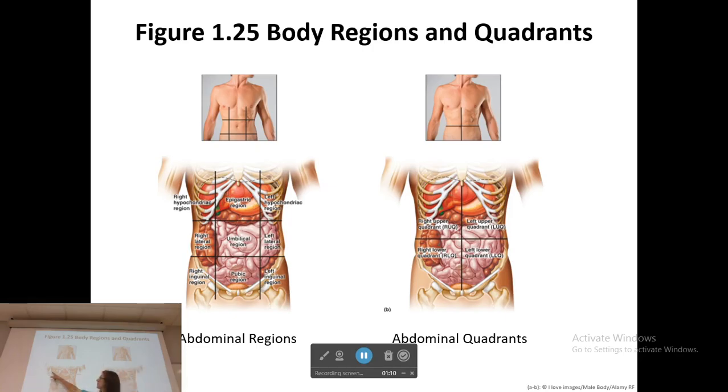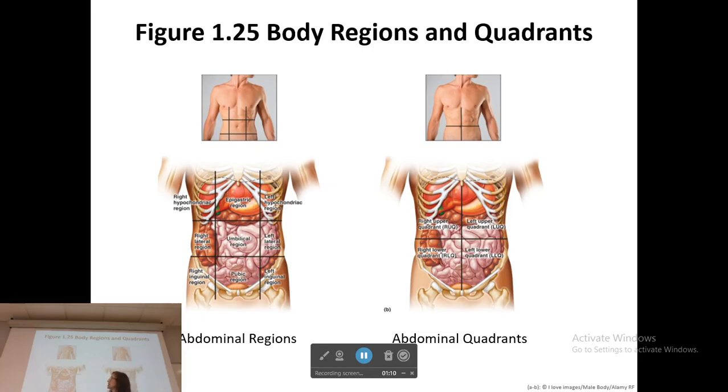And then up here, you have cartilage in your rib cage, and cartilage is chondro, so that's where the term chondriac comes from. Hypo means below, so below the cartilage you have the right hypochondriac and the left hypochondriac.